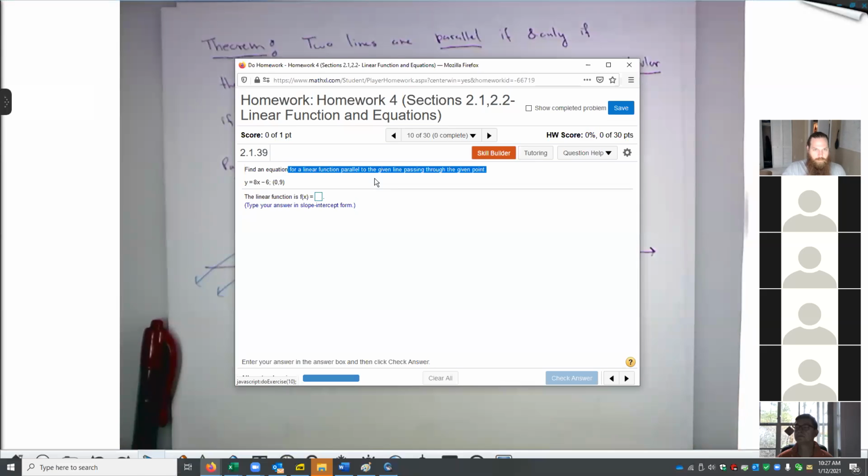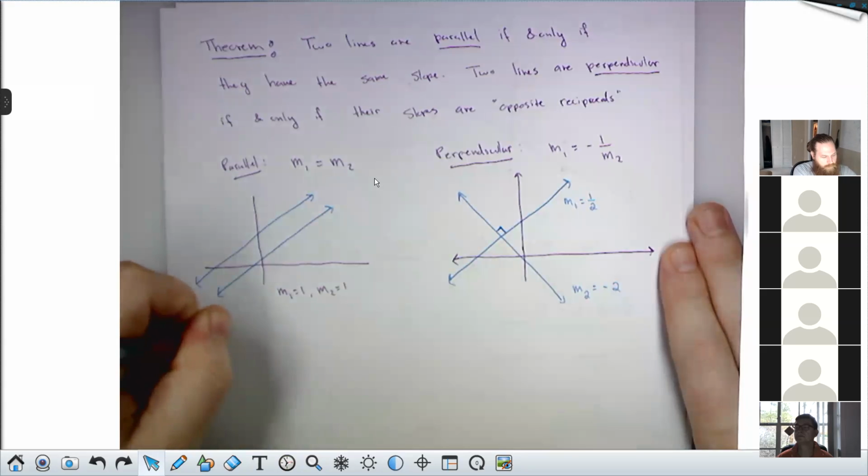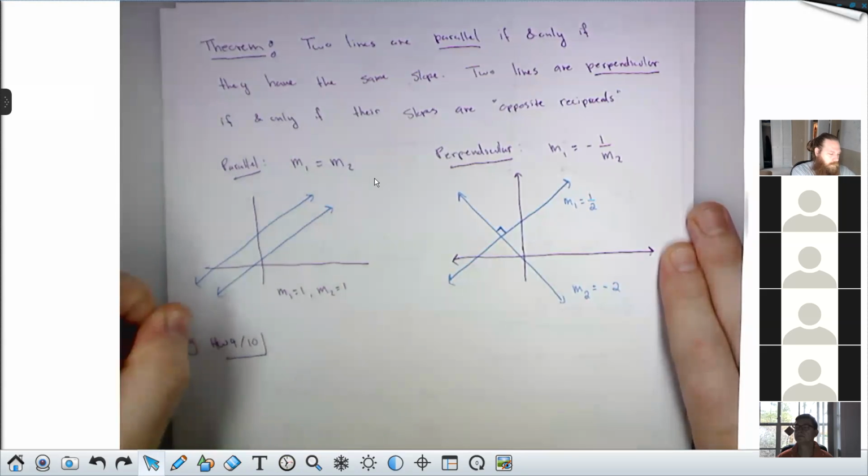So this next problem is akin to homework 4, question 10. We're working it as an example.